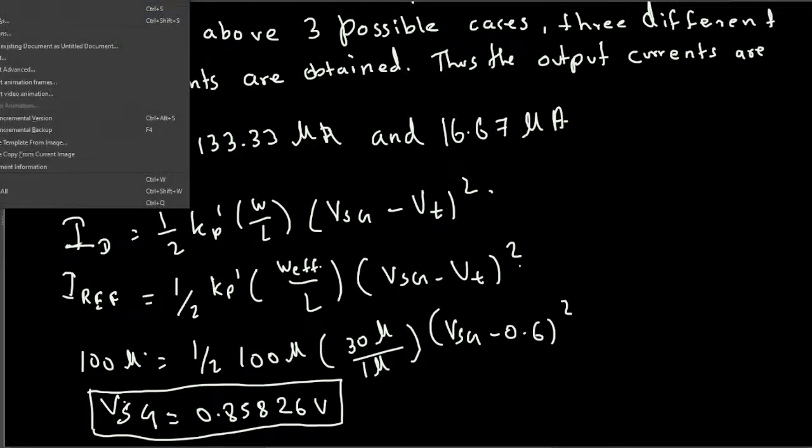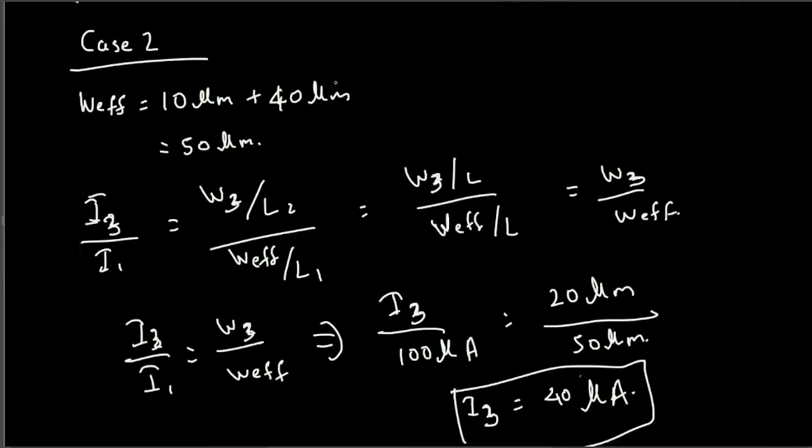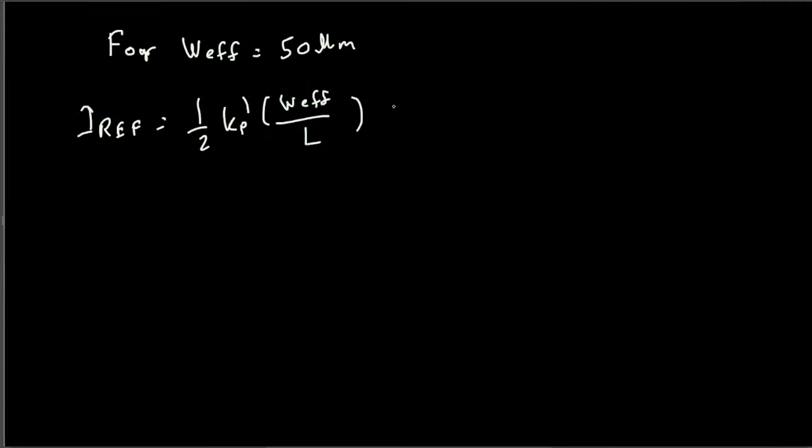Now let's try the other one, where W effective is equal to 50 micrometer. Exact same current equation: I reference is equal to half Kp prime, W effective over L, times VSG minus VT, square.